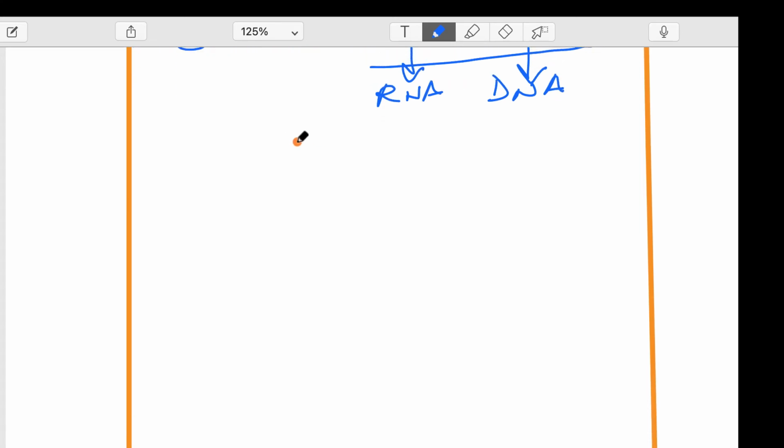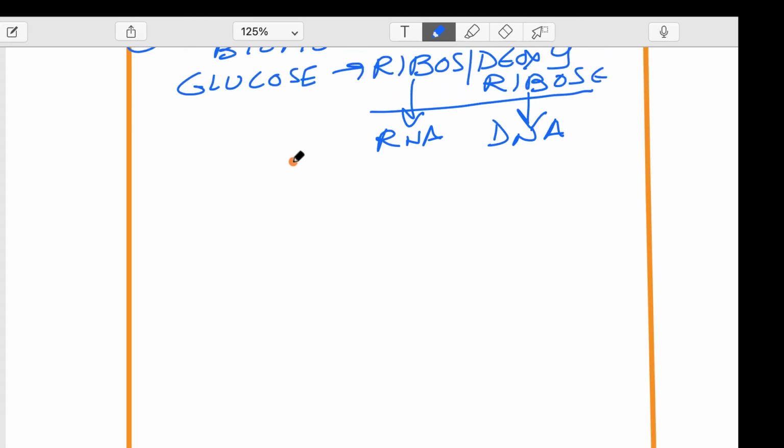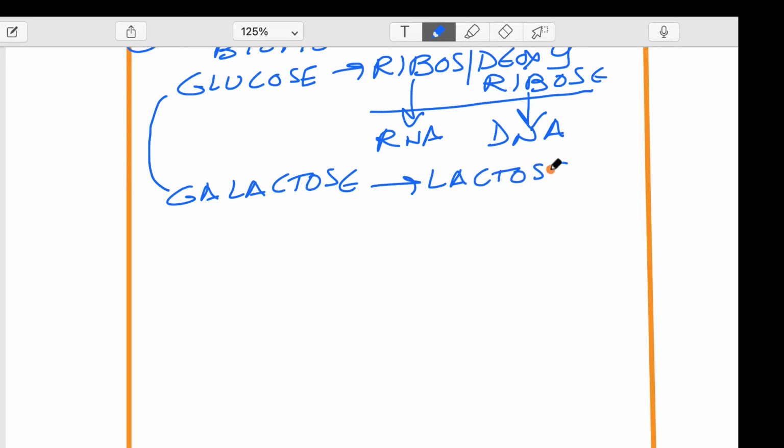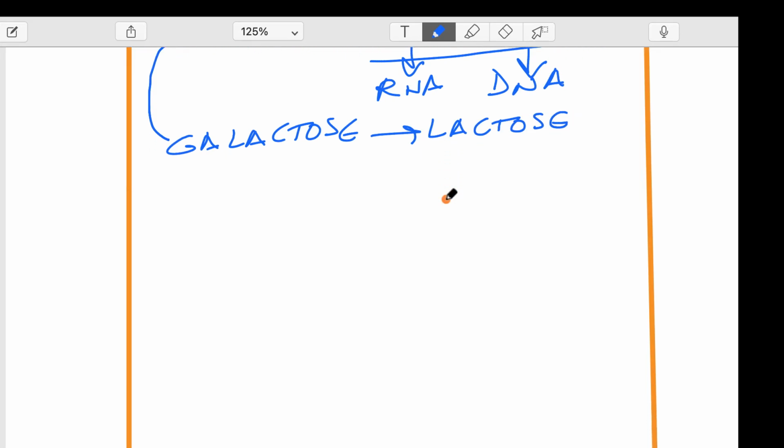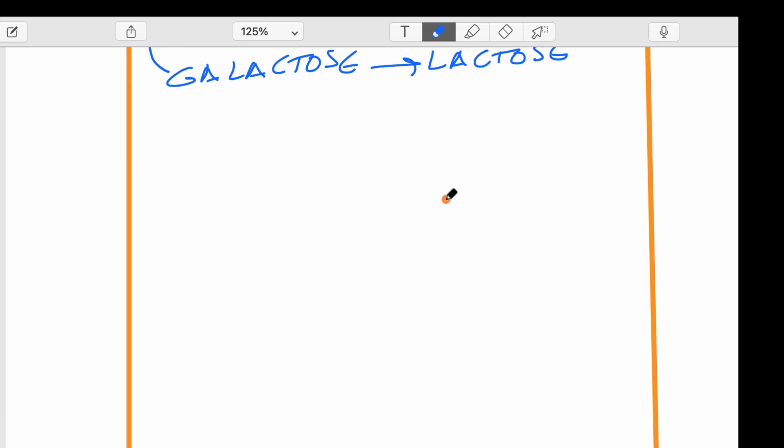Then also, when you talk about glucose, you see galactose. Glucose in combination with galactose leads to the formation of lactose. Lactose is called milk sugar.